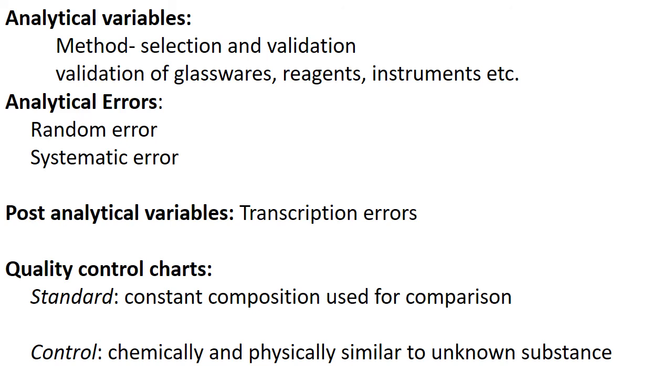Standard means this is the substance of constant composition of sufficient purity to be used for comparison purpose or standardization. Example includes glucose or cholesterol. Next, controls. This is a sample which is chemically and physically similar to known specimens.